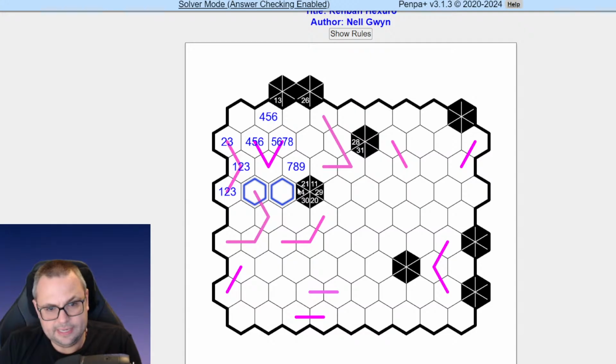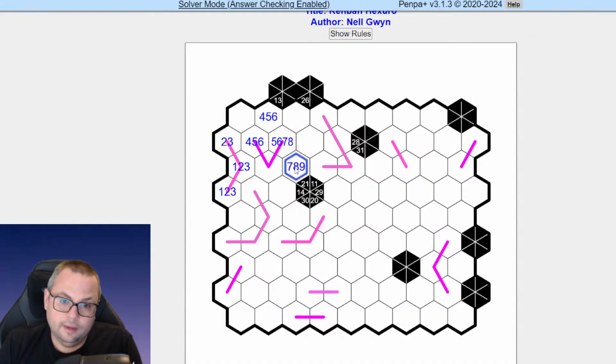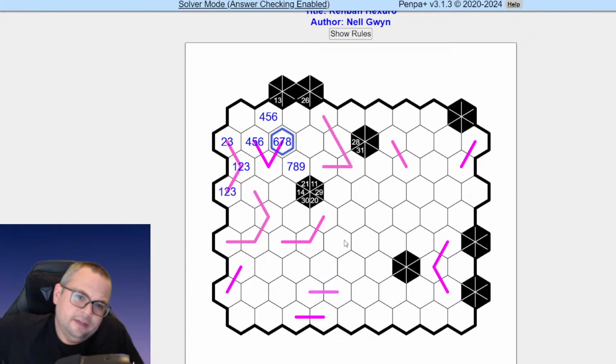These have to sum to at least 11, so they can't include a 1. They didn't want to include a 1 anyway. I think what Paul Fly is saying is that these sum to a maximum of 15, so therefore this needs to be at least 6, so it's not a 5.